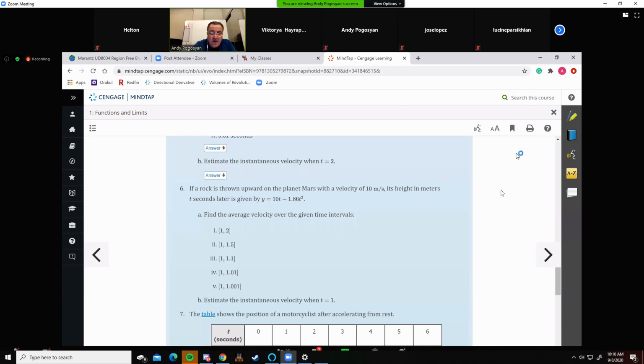If a rock is thrown upwards on the planet Mars with a velocity of 10 meters per second, its height in meters t seconds later is given by y equals 10t minus 1.86 t squared. Find the average velocity over the given time intervals: 1 to 2, 1 to 1.5, 1 to 1.1, 1 to 1.01, 1 to 1.001.